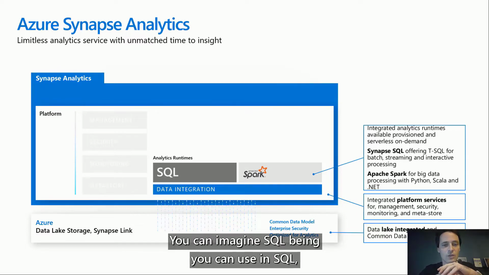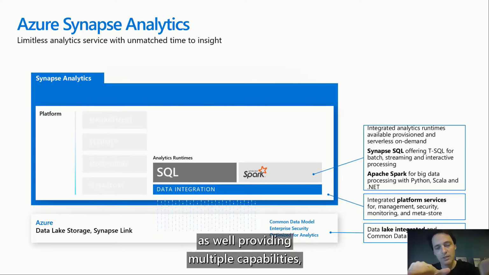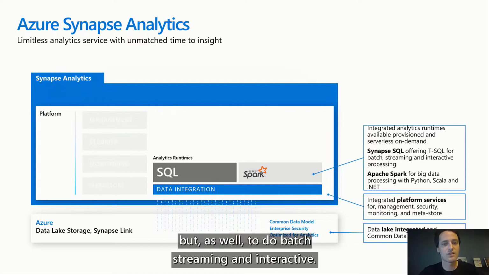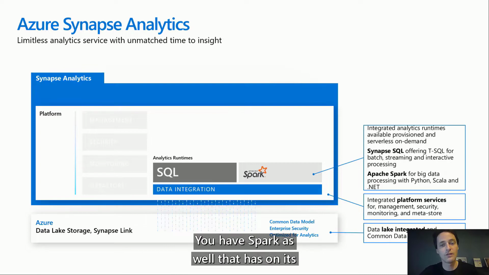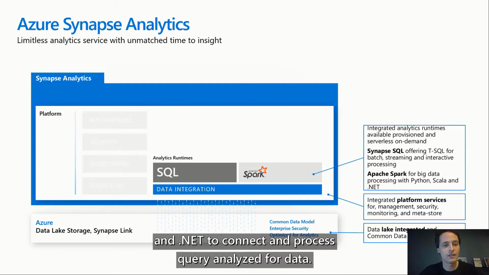You should think about Synapse SQL as providing multiple capabilities, not just interactive processing, but also batch and streaming. And you have Spark as well, which is on its own a platform where you can use Python, Scala, and .NET to connect, process, query, and analyze the data.